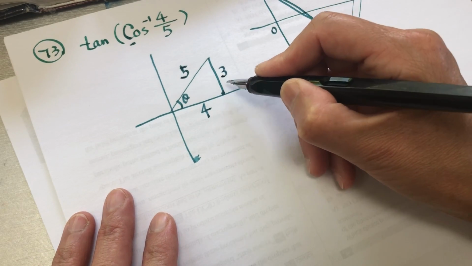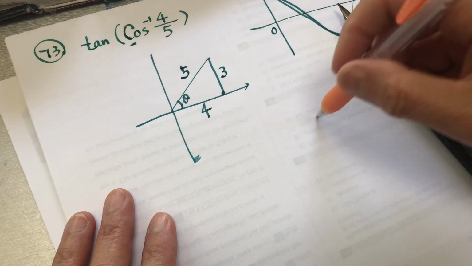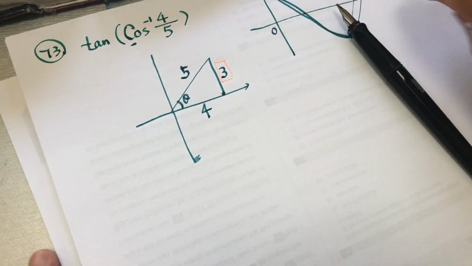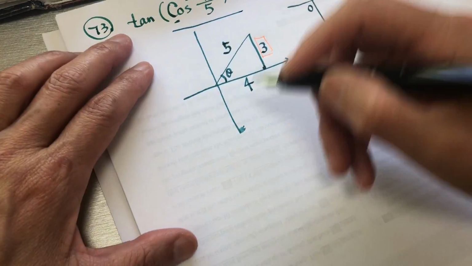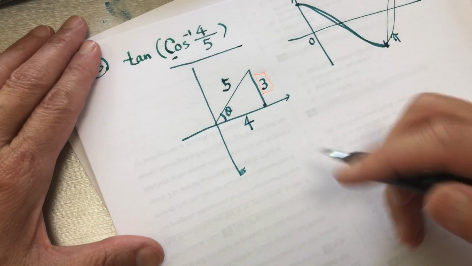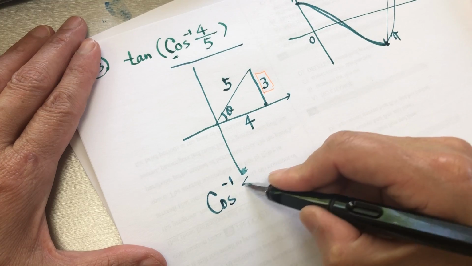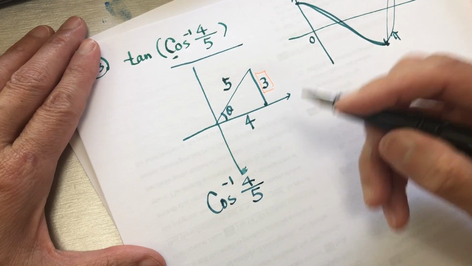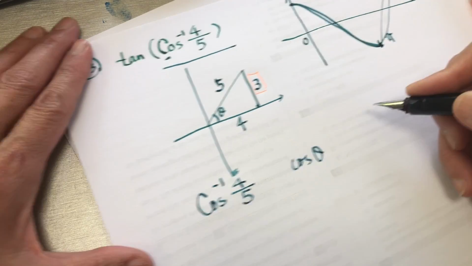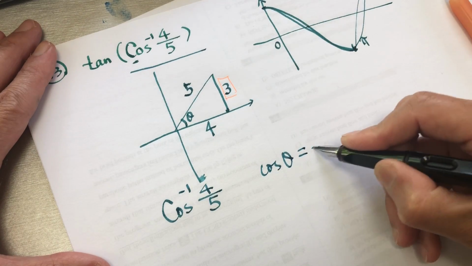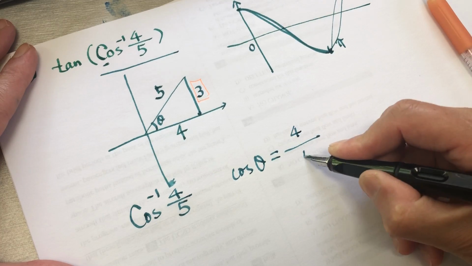So we know this one is 3. This one is not given, but we figured it out from the Pythagorean theorem. So if we dismantle this problem, cosine inverse of 4 over 5, we need to find an angle theta such that the cosine of theta is 4 over 5.